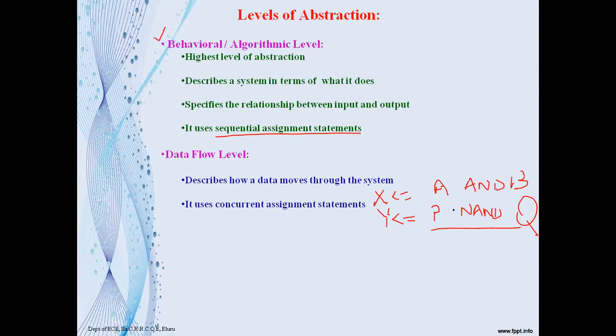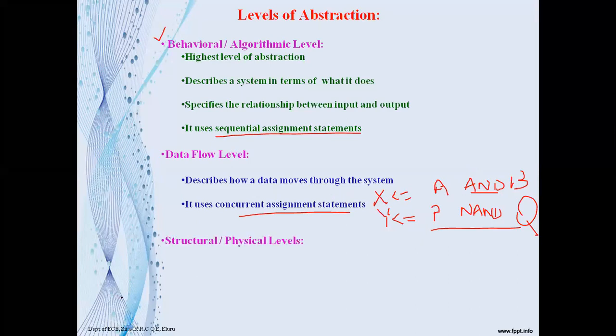See this example again: X is assigned the function A AND B. How is the data flowing here? The A and B inputs are logically ANDed and the output goes to X. That is the flow of data, how the data is moving from input to output. That is the data flow level of abstraction. In data flow level, we use concurrent assignment statements, right? And the third one, structural. Structural level of abstraction, or structural modeling.